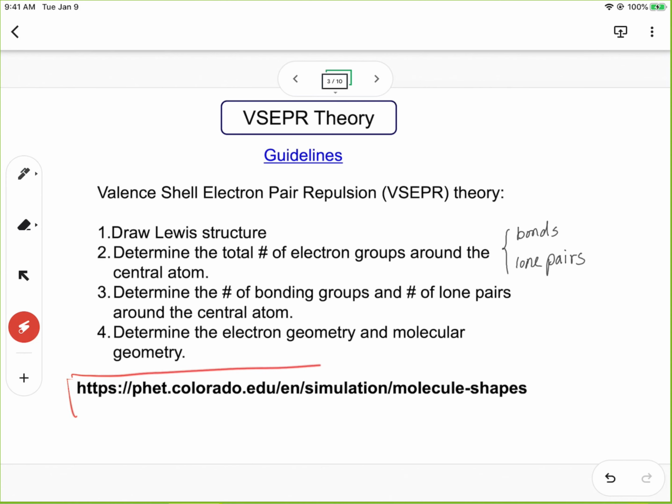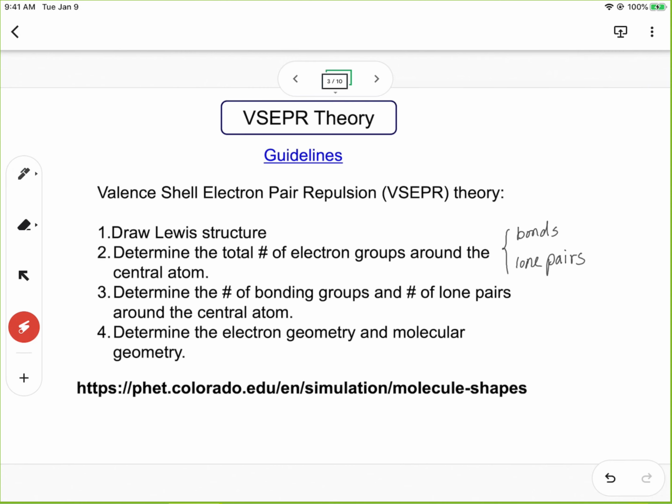Here, this website, I highly recommend you go to this website and check out these animations. It's amazing. You should do that, because on this website you can create the geometries by adding bonds, or even sometimes double bonds or triple bonds, and visualize the three-dimensional geometry of those molecules, because you can drag and rotate the electrons, and you can take a look at the bond angle.